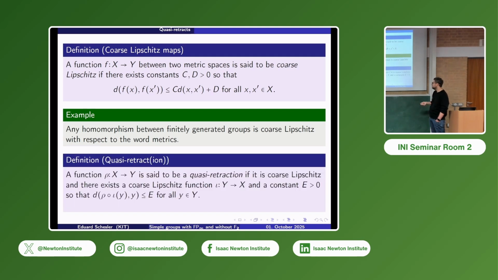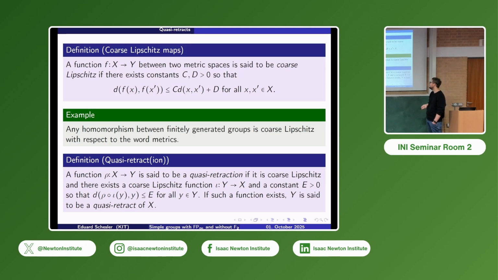Now a quasi-retract: we have such a Lipschitz map from X to Y, and there is also a Lipschitz map from Y to X, such that precomposing the given one, rho, with the one from Y to X, we have a bounded displacement map.